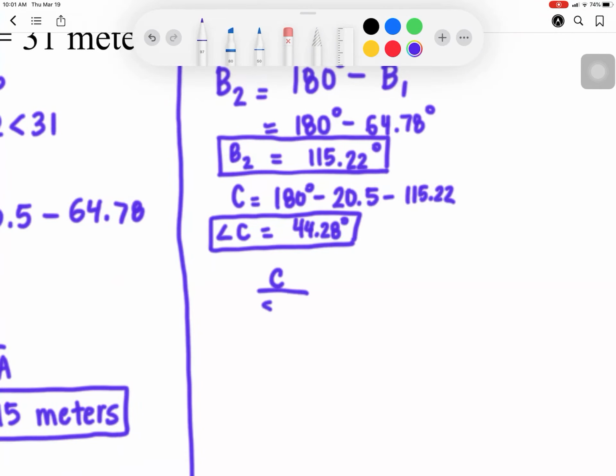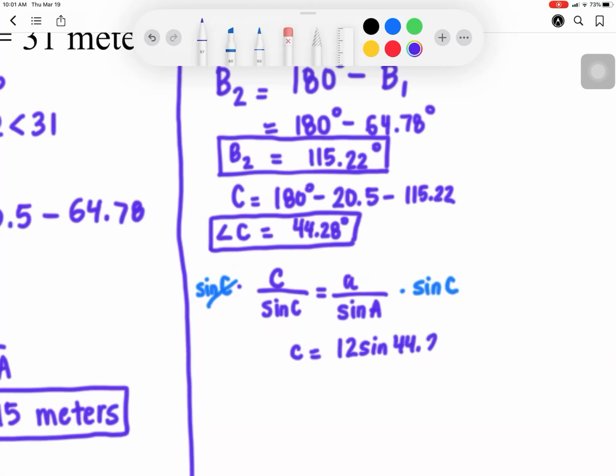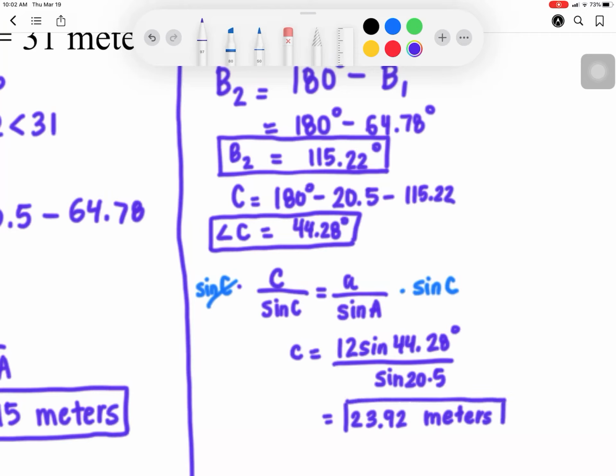So side c, you're going to do c over sine of C is equal to a over sine of A. You can multiply both sides by sine C, sine of C. That cancels out. So then you should get c is equal to 12 sine 44.28 degrees divided by sine of 20.5, which is approximately 23.92. What are your units? Meters. And those are your two possible triangles.